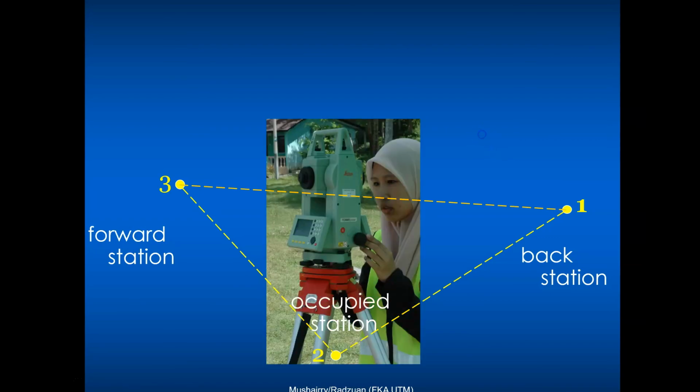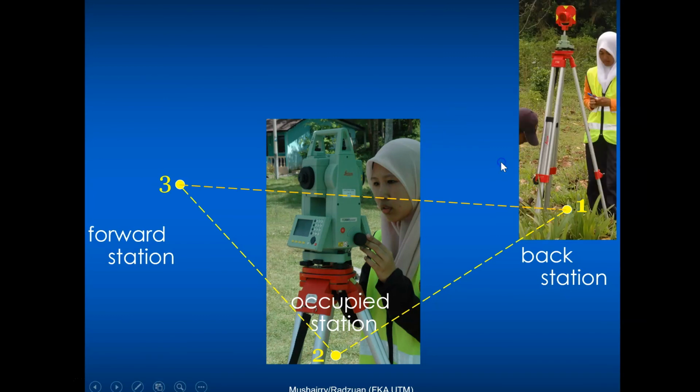We're going to set up our equipment, the total station, on 2. And what we're going to have on 1 will be a prism or reflector. Okay, and as I mentioned earlier, the height of that prism or reflector need not be the same as the height of the instrument or the total station.